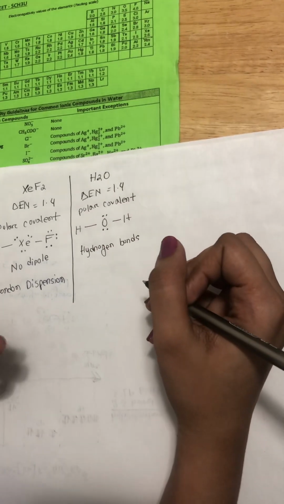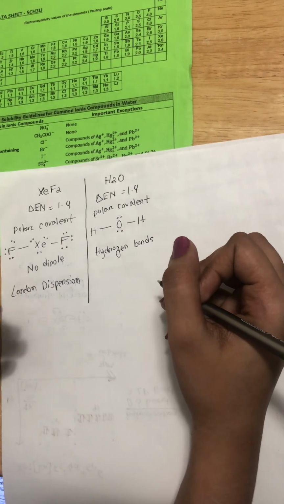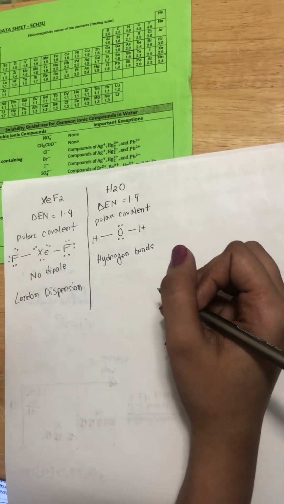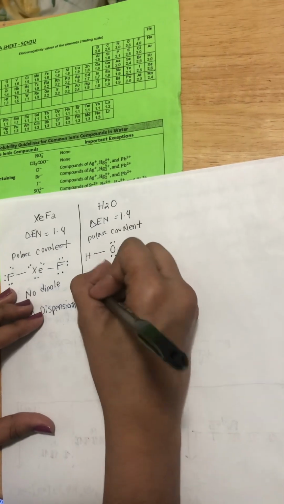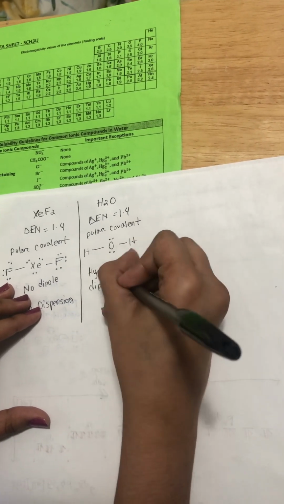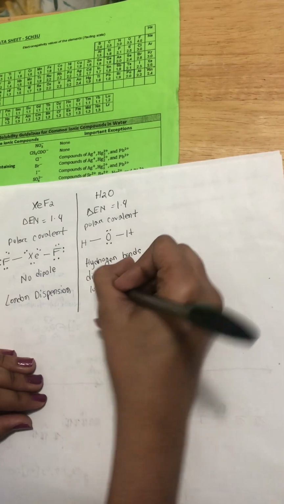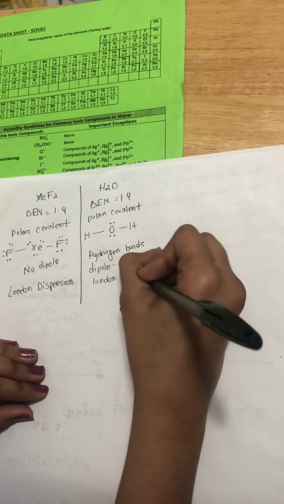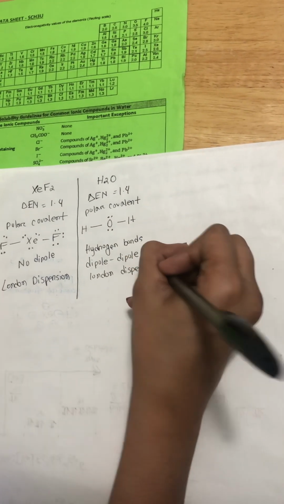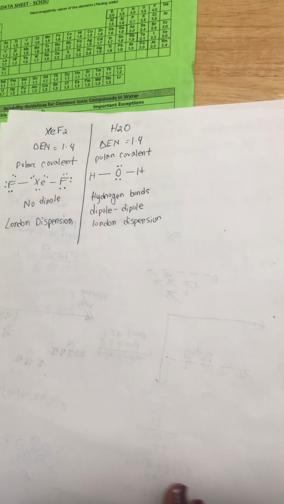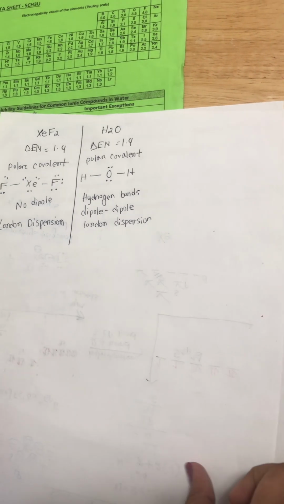Oxygen is extremely electronegative, and is bonded with hydrogen, so this molecule has hydrogen bonds along with dipole-dipole and London dispersion. Hydrogen bond is a very strong intermolecular force.